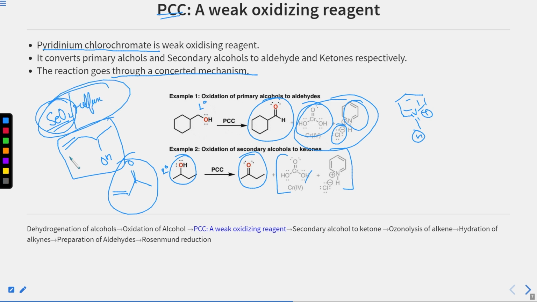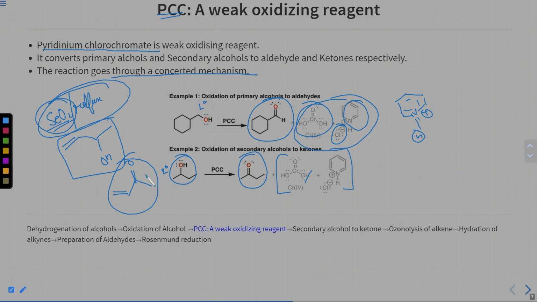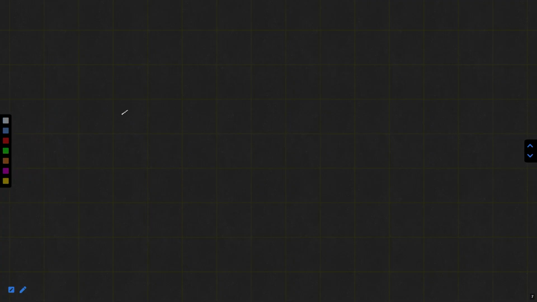So if you take allylic alcohol, suppose we took allylic alcohol like this. Allylic means this carbon that is attached to your alcohol is attached to an adjacent carbon, which is sp2 hybridized. So if we treat it with SeO2 and reflux it.